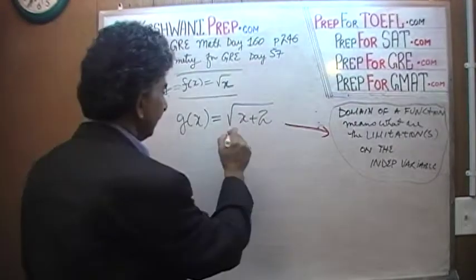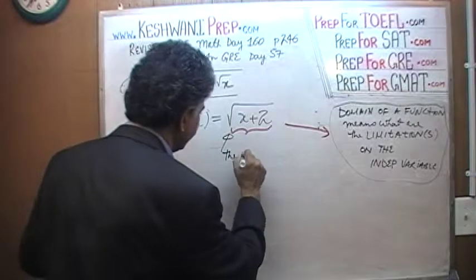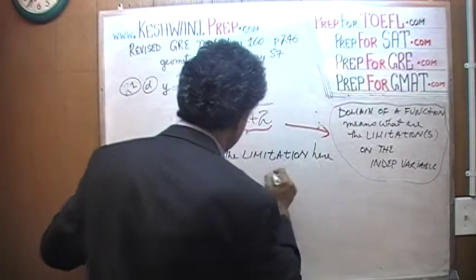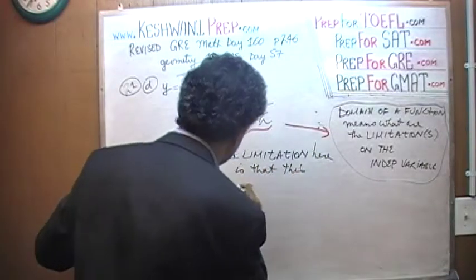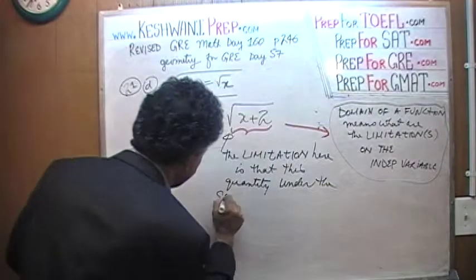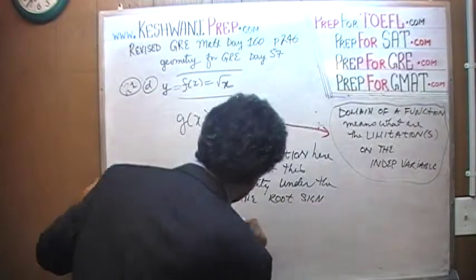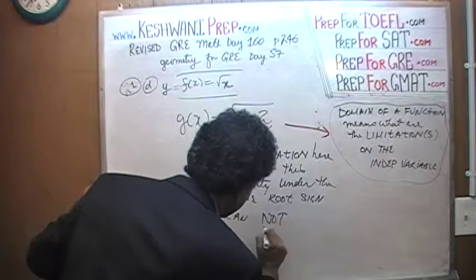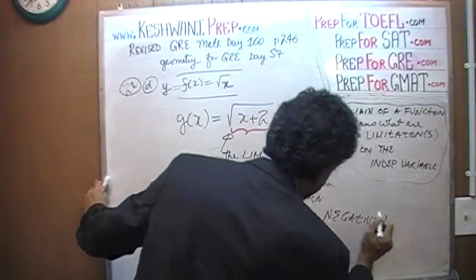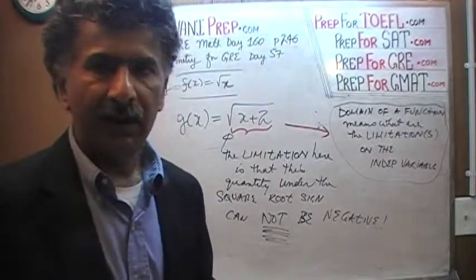The limitation here is that this quantity under the square root sign cannot be negative because, as we just discussed, we cannot find the square root of a negative quantity.